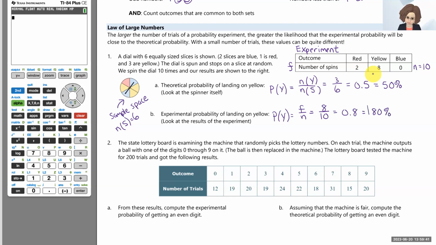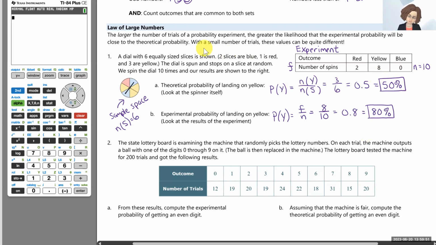So what happened in our experiment is pretty far from what we said should happen in theory. When we do an experiment a small number of times, these are called trials, and in this case we only spun it 10 times, that experimental probability might be pretty far off from theory.